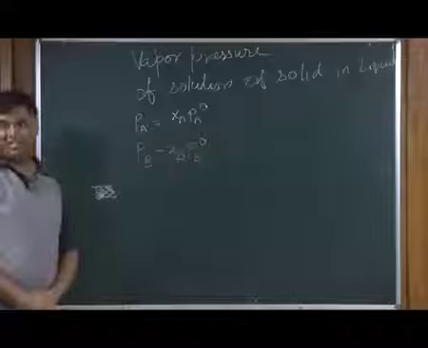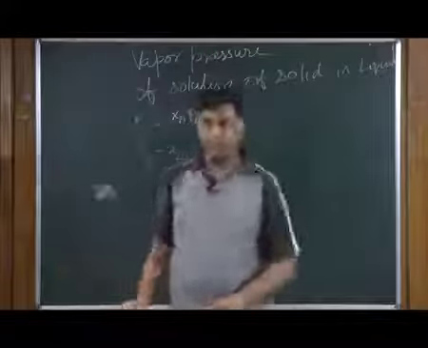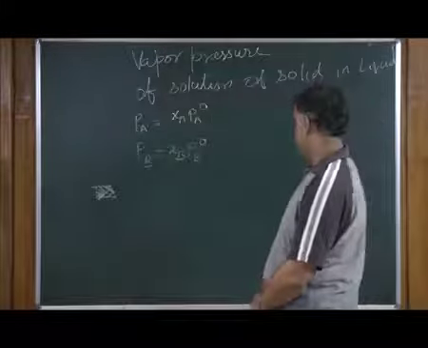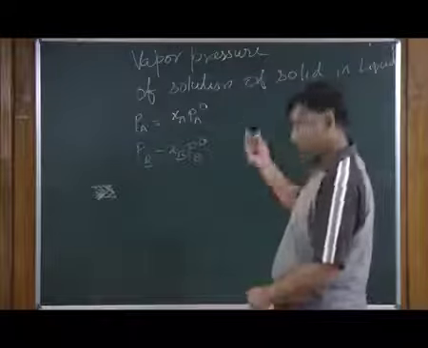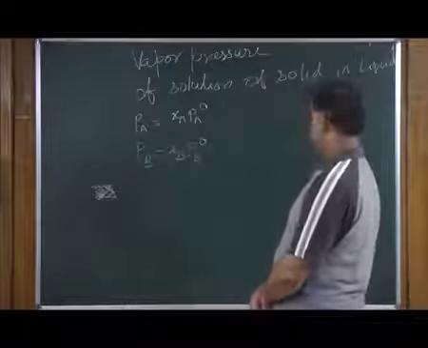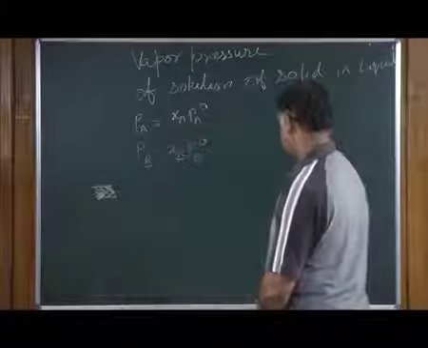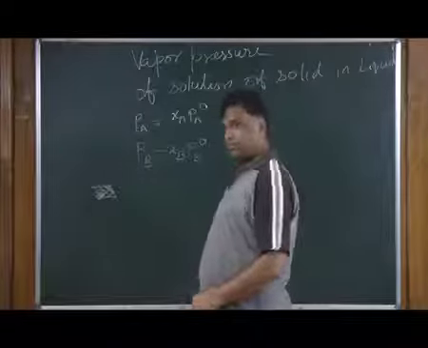For most solids, it is going to be negligible. This solid is usually not volatile. I am considering that there are some solids which do evaporate and have some vapor pressure, but for most solids there is no vapor pressure. So, if I leave this solid, it is not going to evaporate.